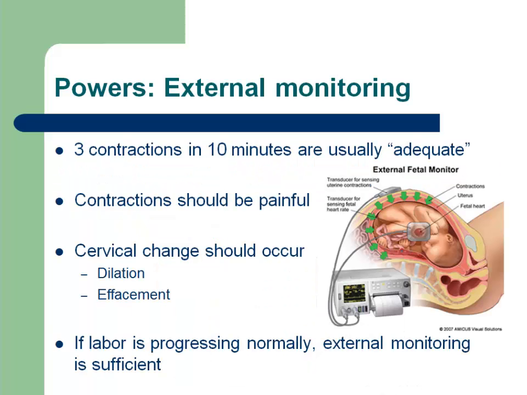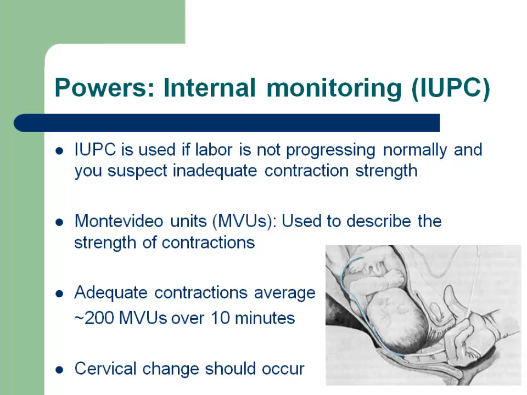External monitoring is the preferred method for recording contractions because it is not invasive like the IUPC. The clinician assumes that contractions are sufficiently strong when they are painful, occur every 2 to 3 minutes, and lead to cervical change. If the cervix stops changing during labor, the most common reason is insufficient contraction strength.